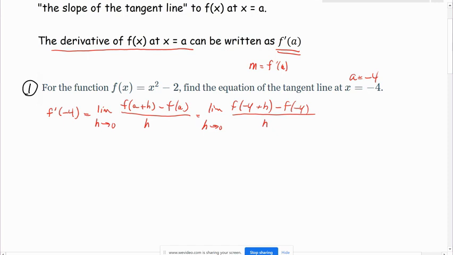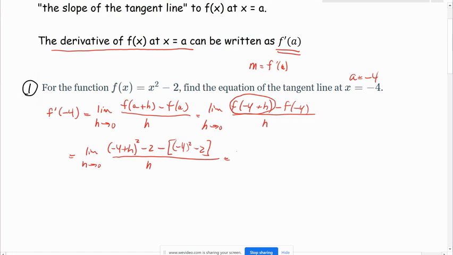Now if we plug those expressions into the function, that's going to be the limit as h approaches 0. f of -4 plus h is going to be -4 plus h quantity squared minus 2. And then minus f of -4, which is -4 squared minus 2, and then all divided by h.